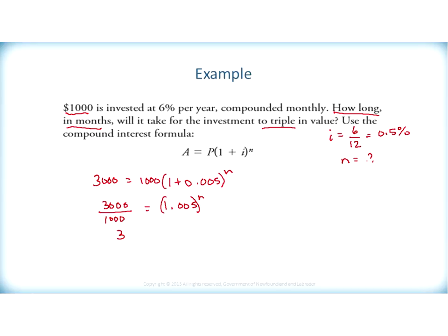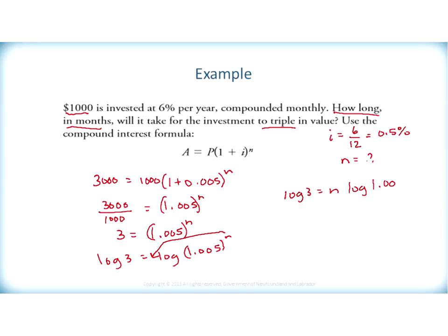That gives us 3 equals 1.005 to the power of n. Now we'll take the common log of both sides. And as before, we're going to bring the n in front. So we'd have log 3 equals n log 1.005.